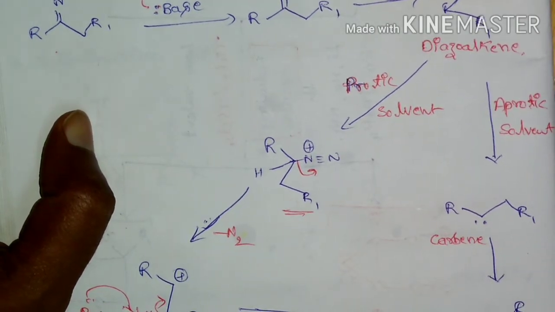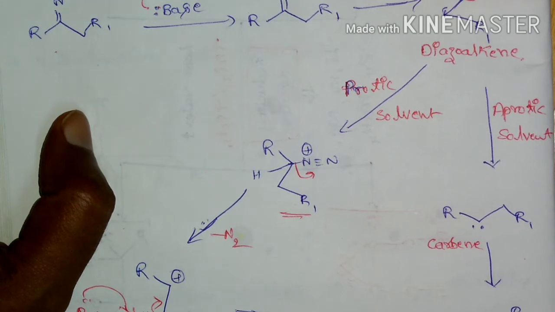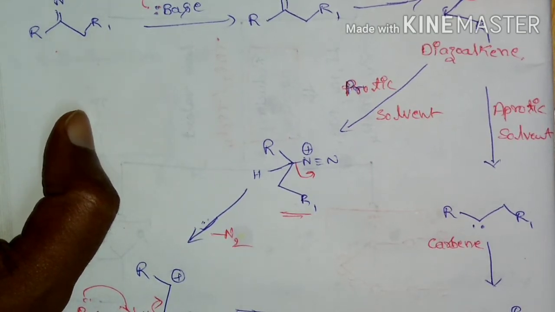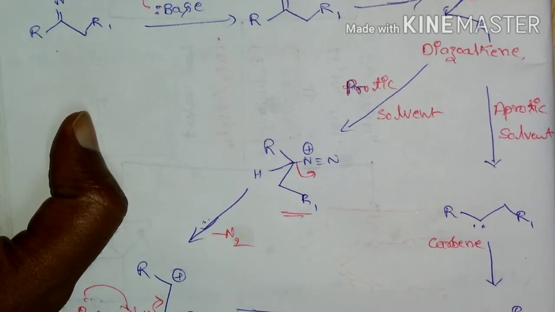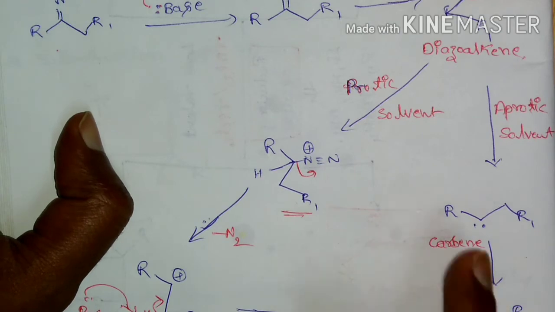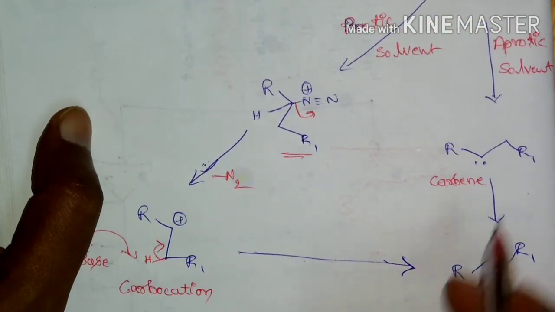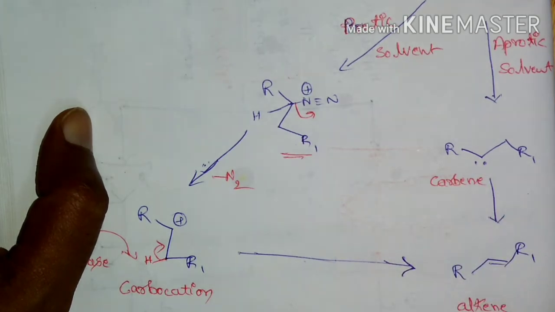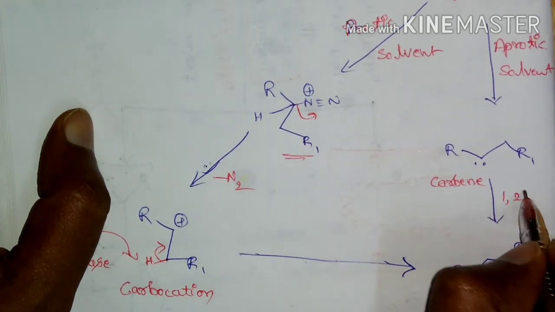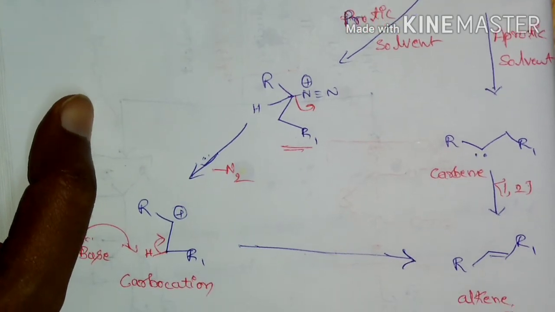In the examination, you need to see the reaction condition. If protic solvent is mentioned, then the intermediate will be carbocation. If aprotic solvent is given, then the intermediate will be carbene, not carbocation. Then this carbene will undergo a 1,2 hydride shift, leading to the formation of alkene.